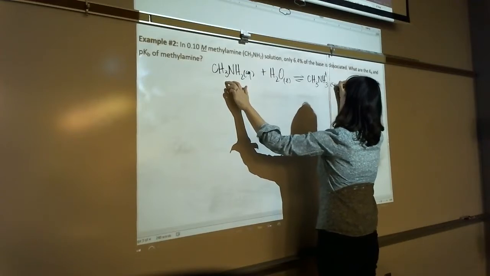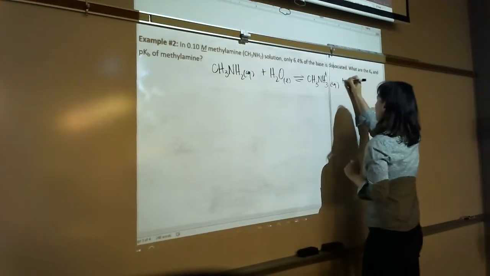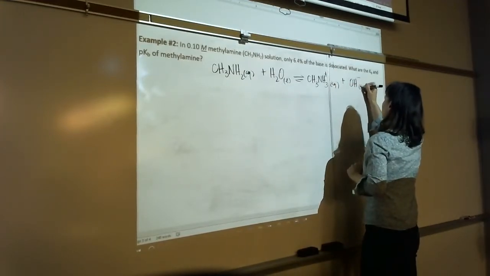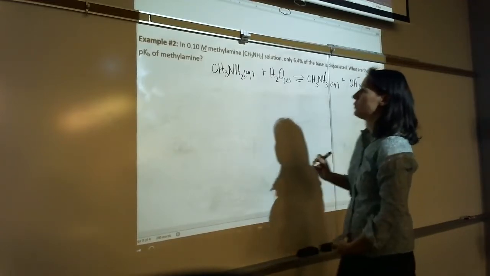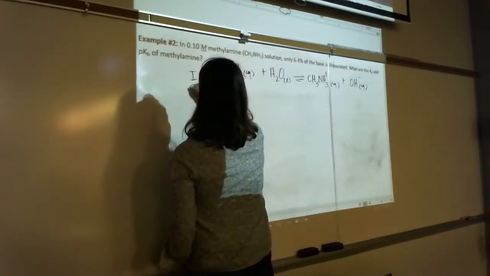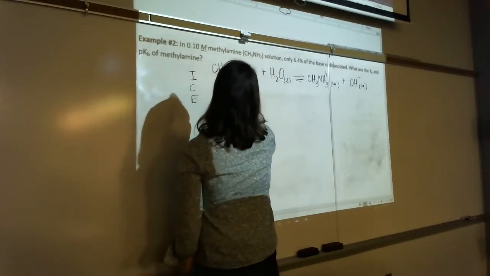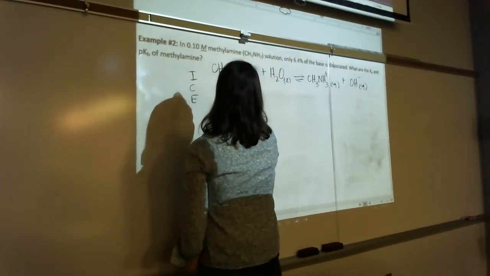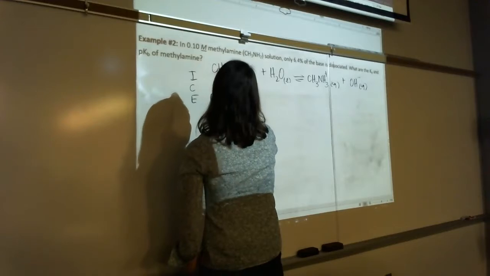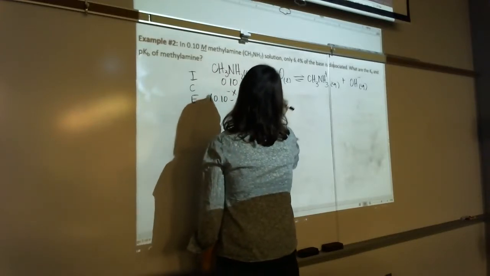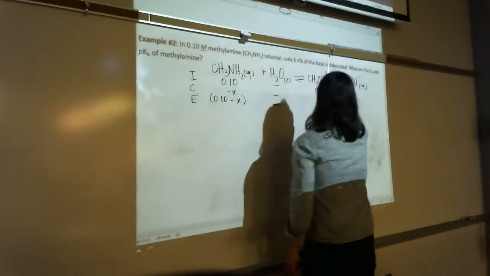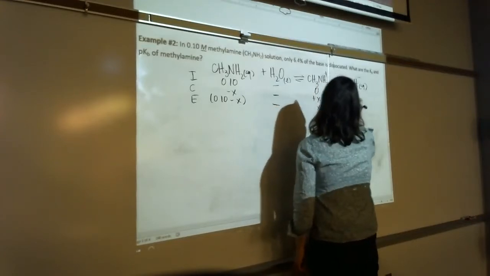Right. And then our other product is hydroxide. Okay, it's 0.1 molar. So 0.10 minus x, and 0 plus x.